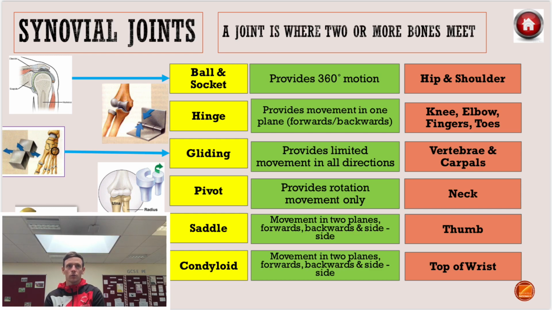The final one, the sixth type of joint, is your condyloid. Again, movement in two planes, and we're thinking about the top of the wrist, where the top of your wrist meets your forearm. That would be condyloid joints there.